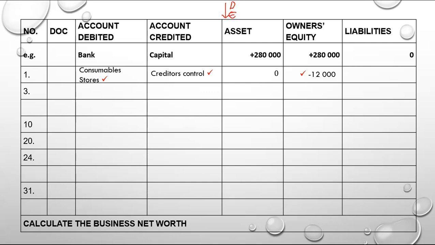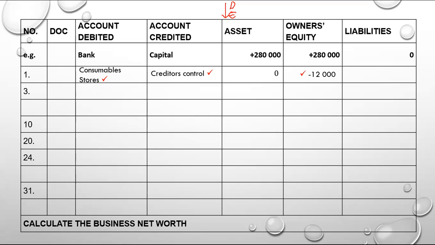That's why here you debited consumables because it's an expense. When expenses go up, they increase on the debit side, and then you credited creditors control. That is because you are owing someone more because you bought goods on credit from them. That will increase our liabilities. Liabilities increase on the credit side.